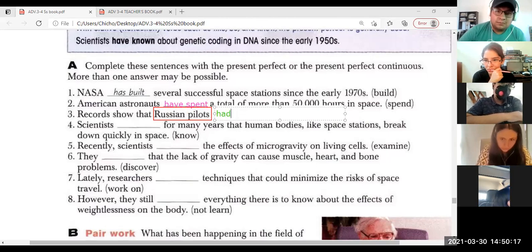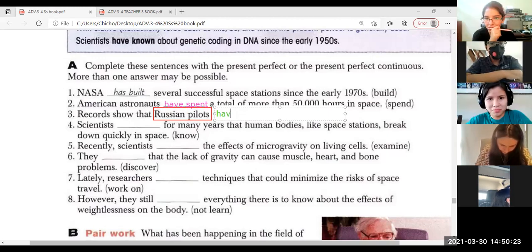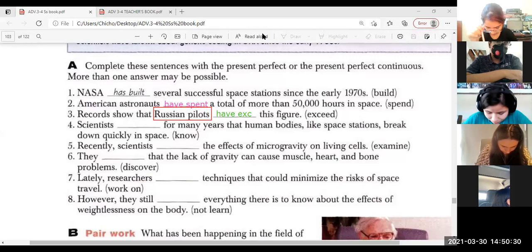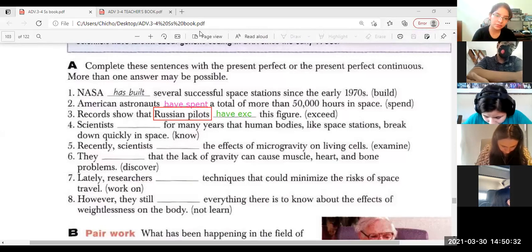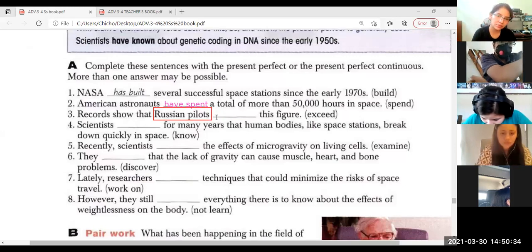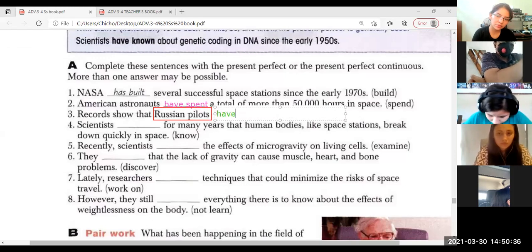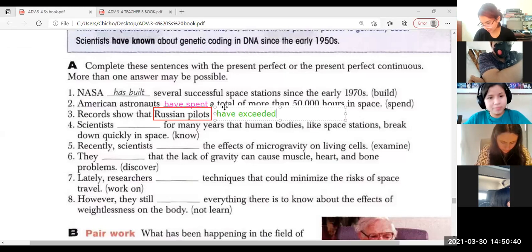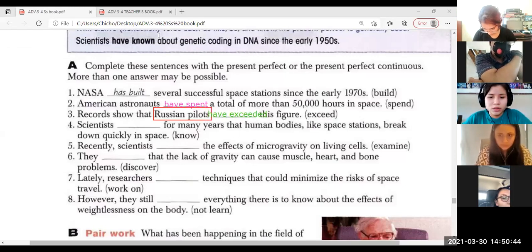El past perfect. Si no estamos avanzando el past perfect. Teacher, is have exceeded. I'm sorry. Exceeded, right? Have exceeded. Okay, let's see here. Have exceeded. Why do you think this could be the answer?